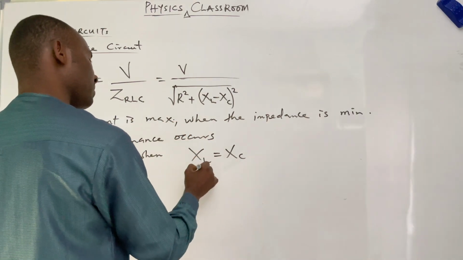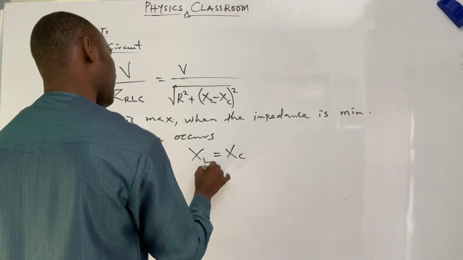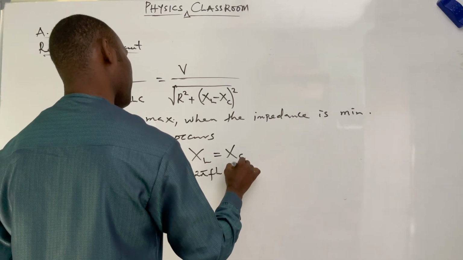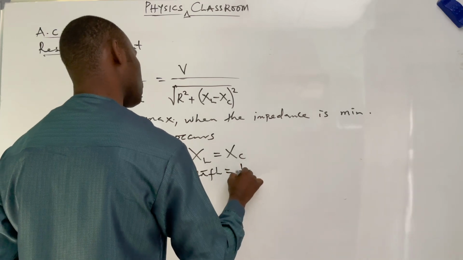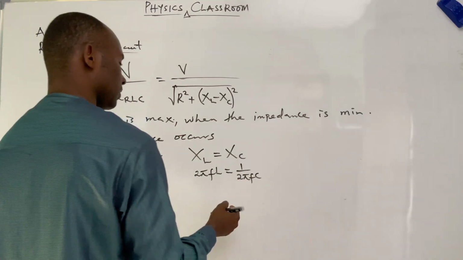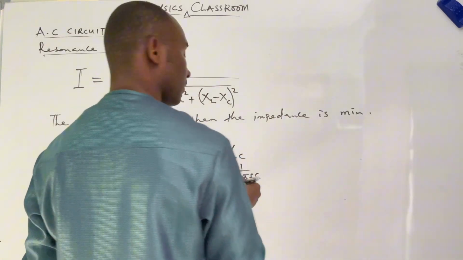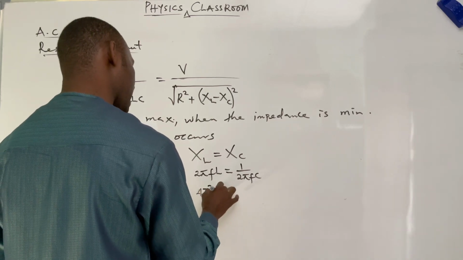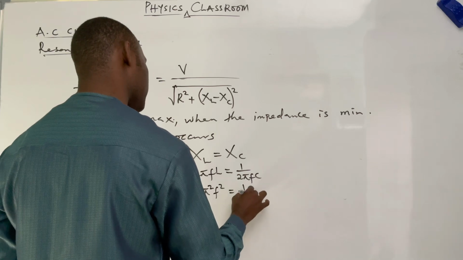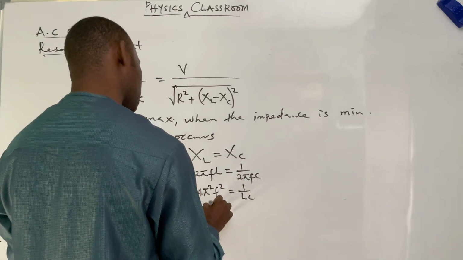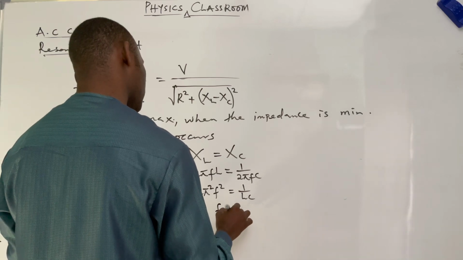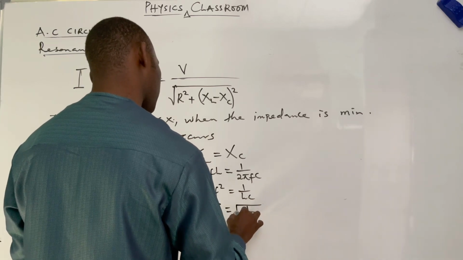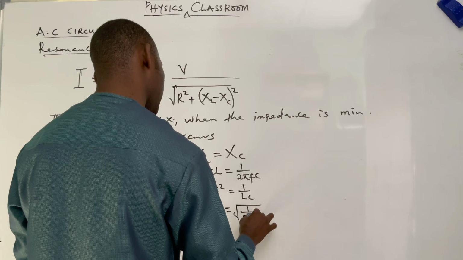What am I saying? From here we can say 2 pi FL equals 1 all over 2 pi FC. So if we cross multiply, finally we're going to have 4 pi squared F squared equal to 1 all over LC, which can turn to F equal to root of 1 all over 4 pi squared LC.